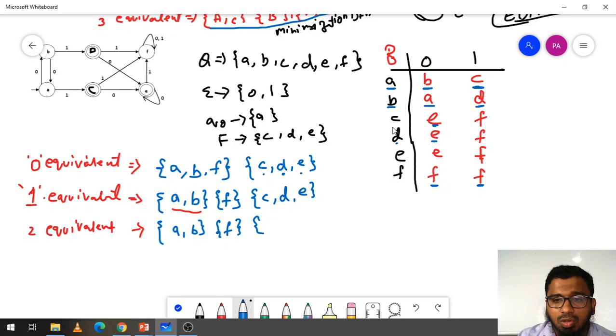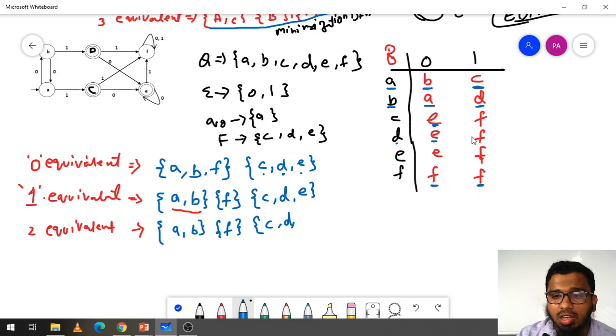Now C on 0 goes to E and D on 0 goes to E. Both are going to the same state. C on 1 goes to F, D on 1 goes to F. So C and D are equivalent. Now D on 0 is E, E on 0 is E. Yes, both go to the same state.